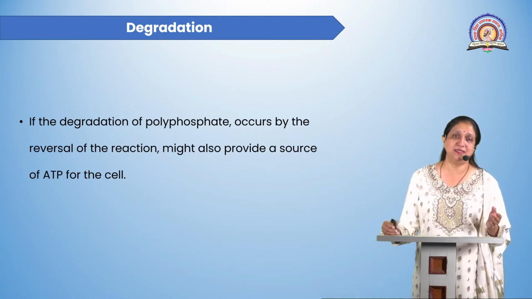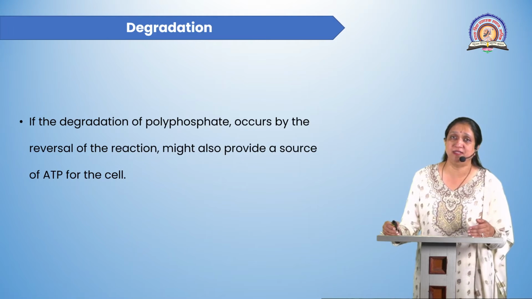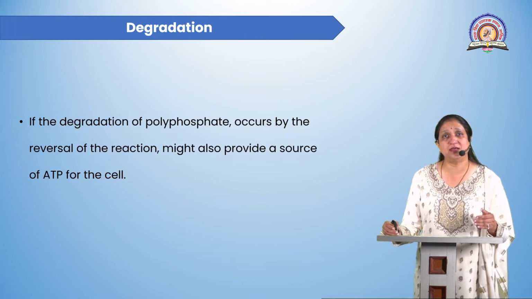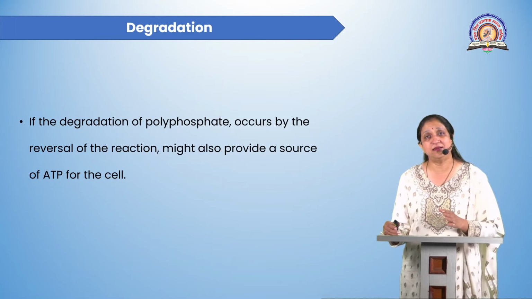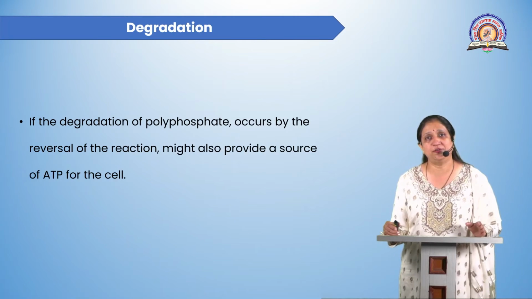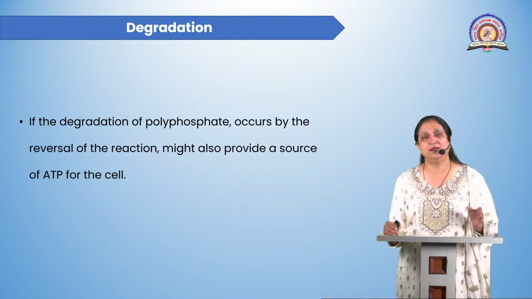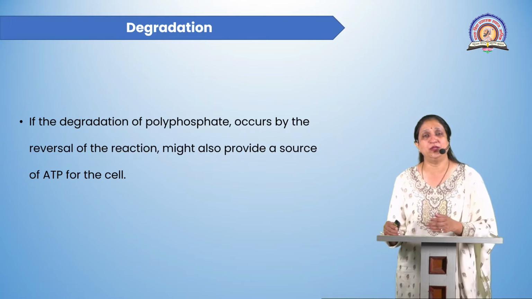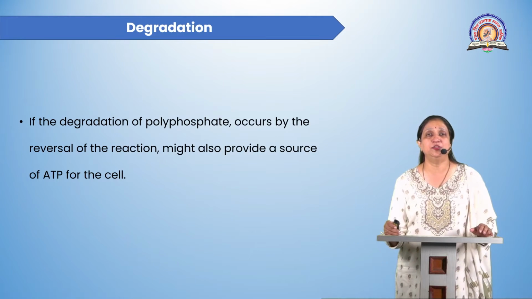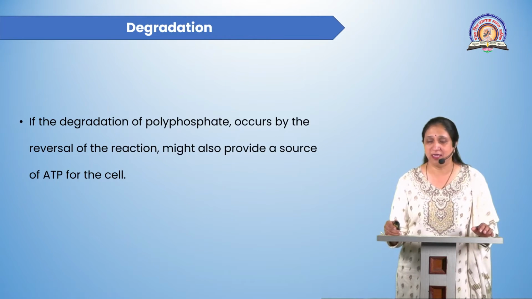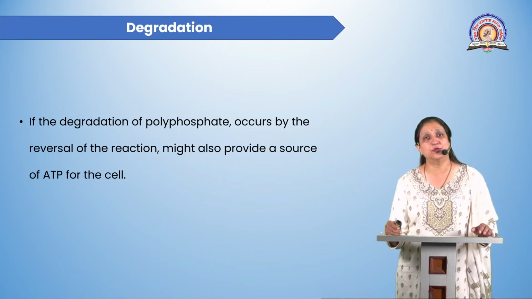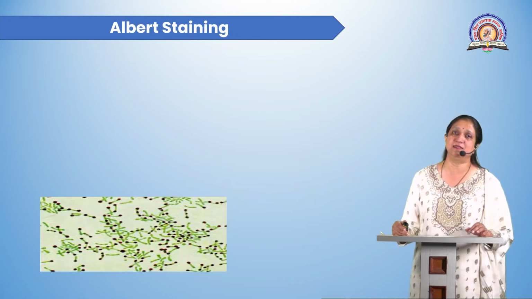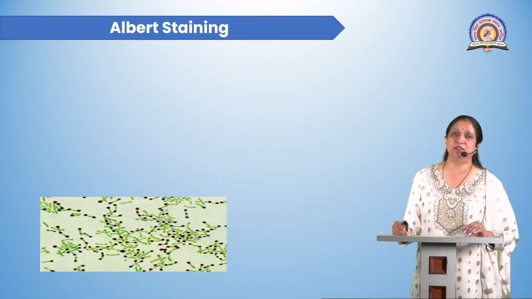As we've seen for the synthesis, the donor of the phosphate is ATP. And therefore, if the degradation occurs by the exact reversal of the formation of the polyphosphate, then when this polyphosphate is degraded, a molecule of phosphate will bind to ADP, leading to the formation of ATP, and thus it can provide a source of energy for the growth of the bacteria or for the biosynthesis of the macromolecules in the bacterial cell.